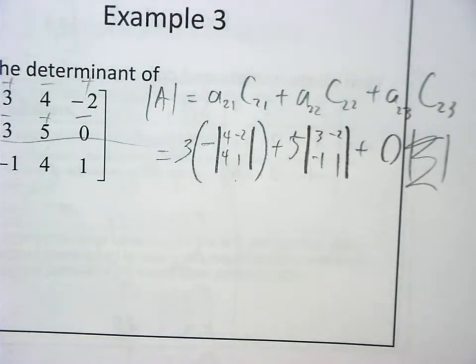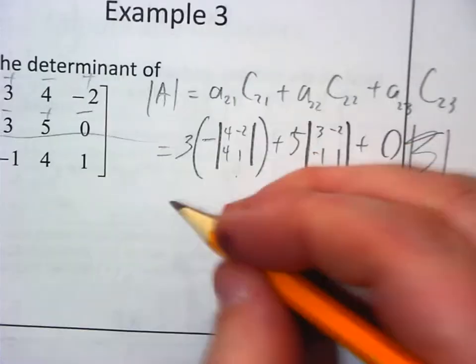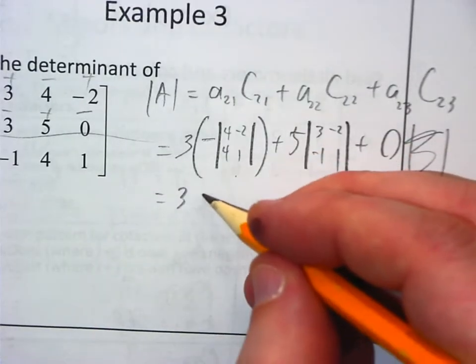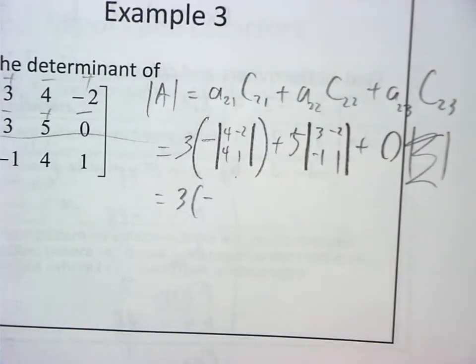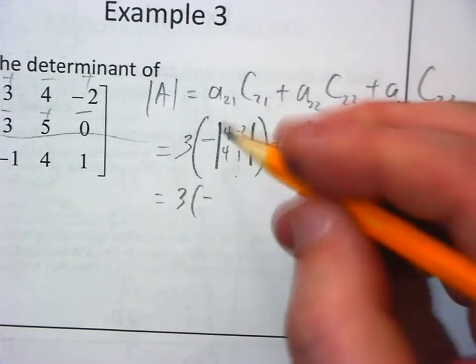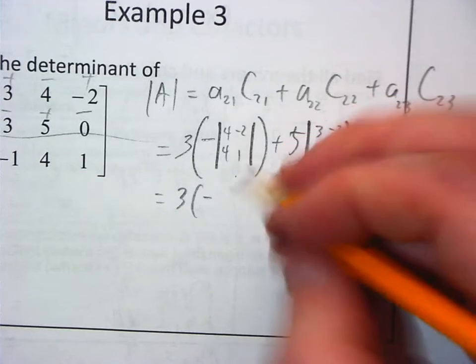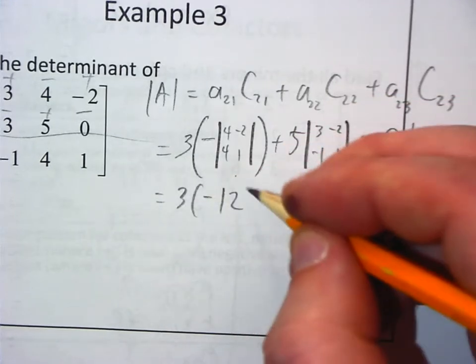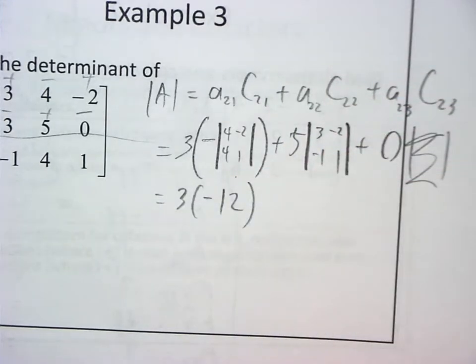So, what's your determinant for the first one here? 4 minus negative 8 will be 12, and it flips to a negative because of what's out front. Right?